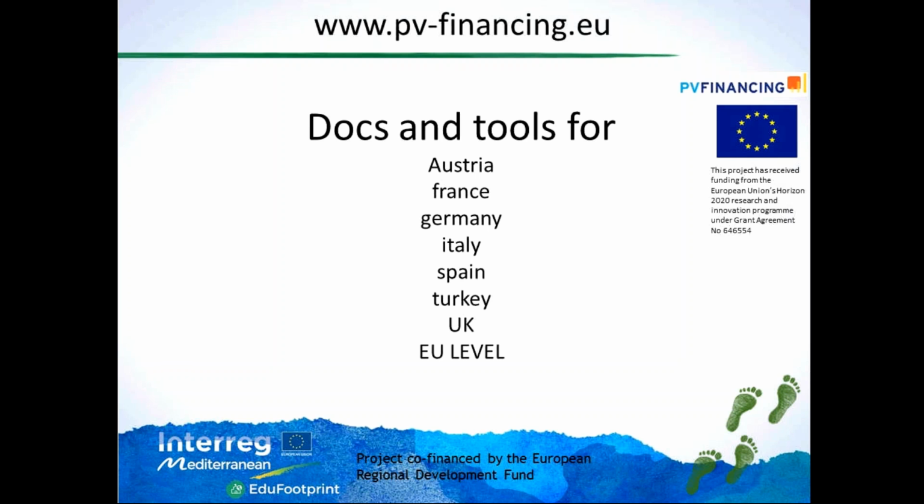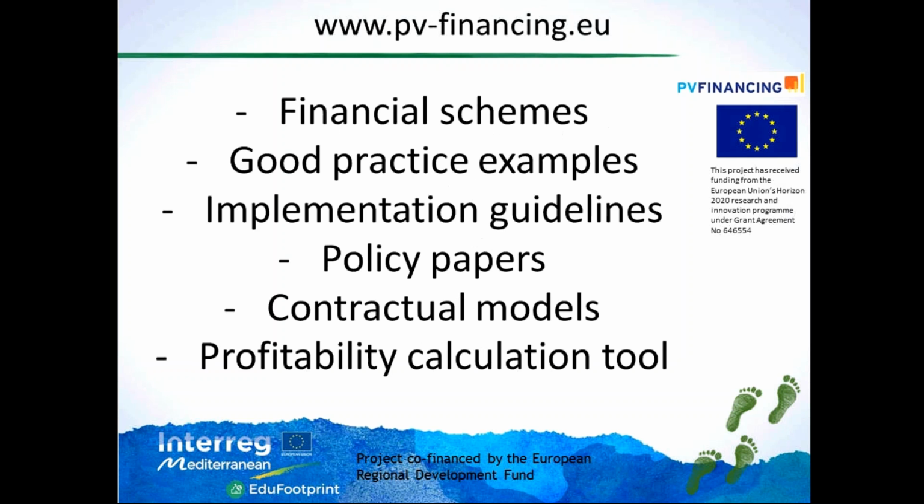And so we really need to understand which kind of financial models are available for photovoltaic. So we developed a series of documents and tools, which are of course available for free, for different European countries: Austria, France, Germany, Italy, Spain, Turkey, UK, and also some of these documents and tools have been developed at a European level.